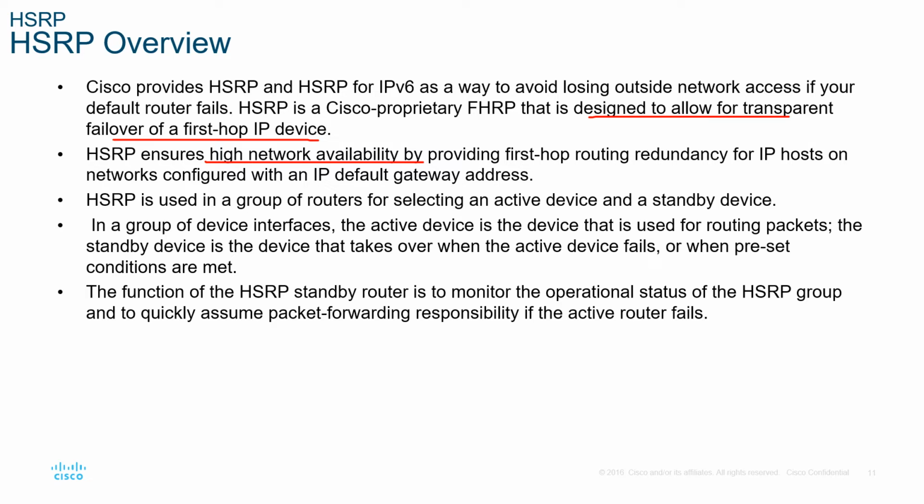It ensures high network availability by providing first hop routing redundancy for IP hosts. HSRP is used in a group of routers for selecting an active and a standby device. In a group of device interfaces, the active device is the device that is used for routing packets, while the standby is the device that takes over when the active device fails. The function of the HSRP is to monitor the status of the HSRP group.